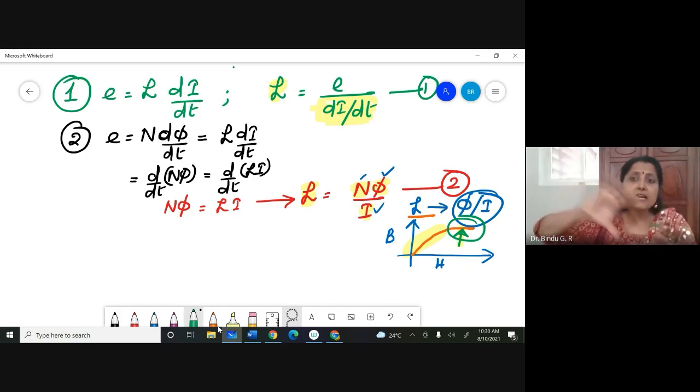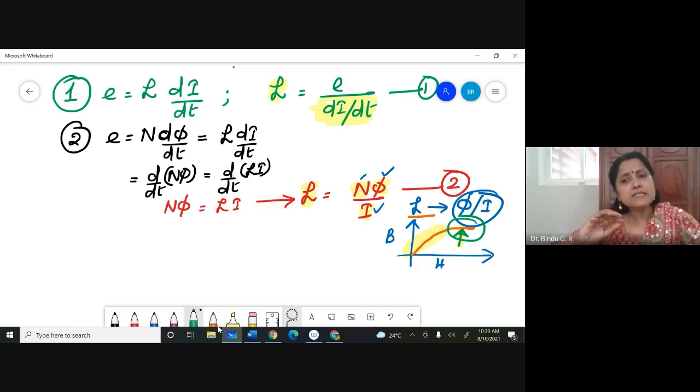They are in the linear region, not in the saturation region. One more thing is that then the analysis is easier. Whenever the system is linear, the analysis of the system is very easy because superposition principle is applicable.